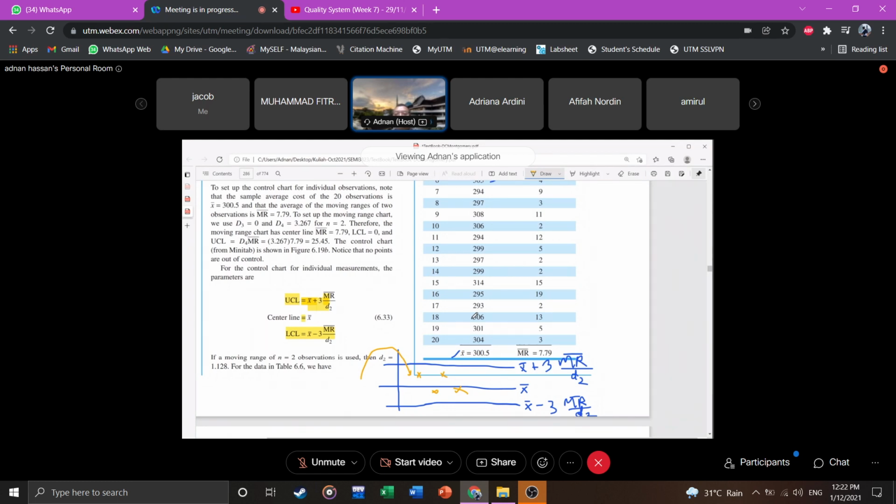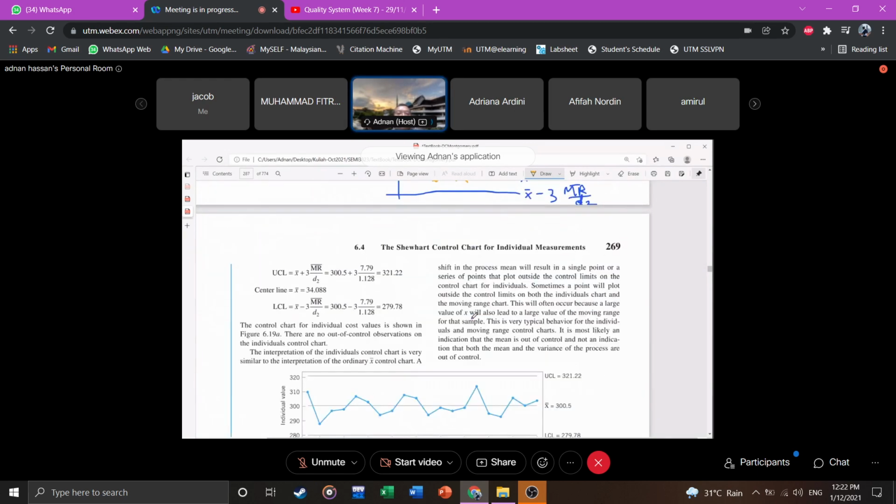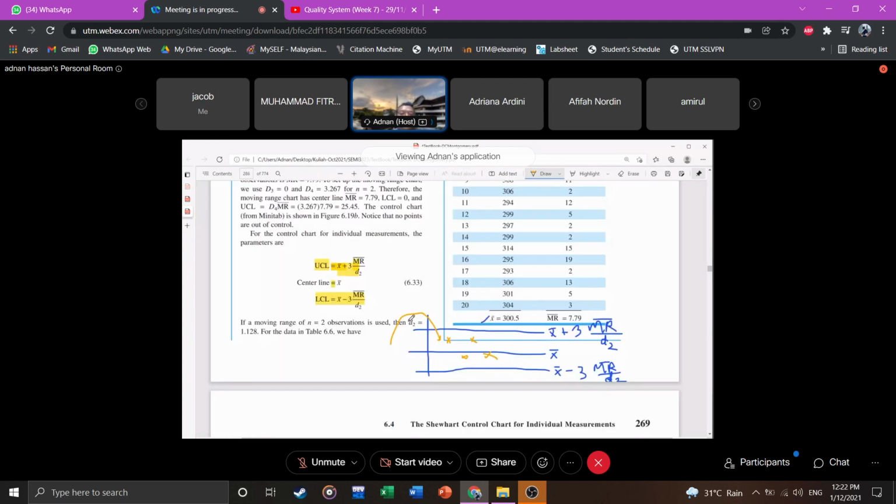Sorry, hold on. What we plot is not the MR. We are plotting the X value. Sorry, the X values will be plotted, the individual values. Okay, so we plot individual values.